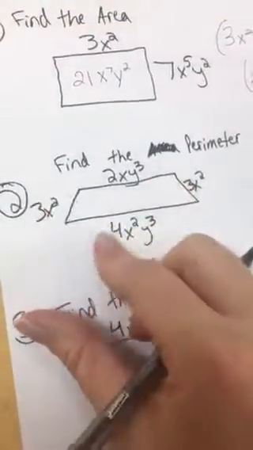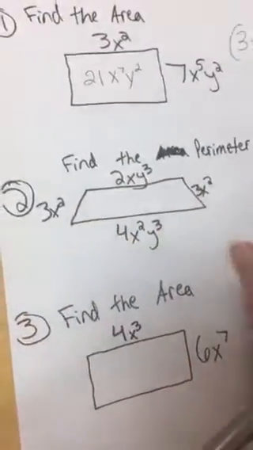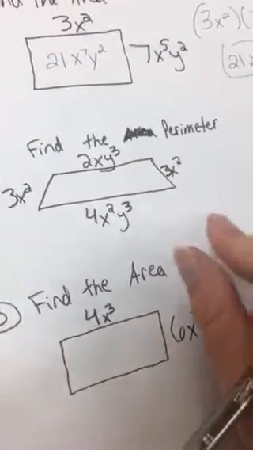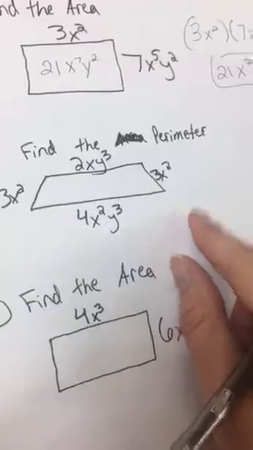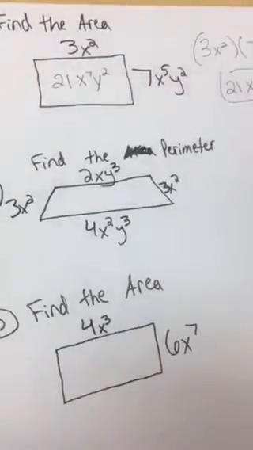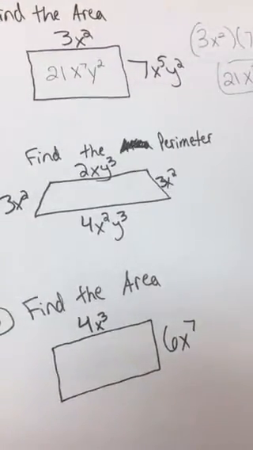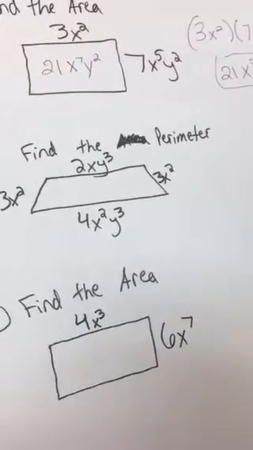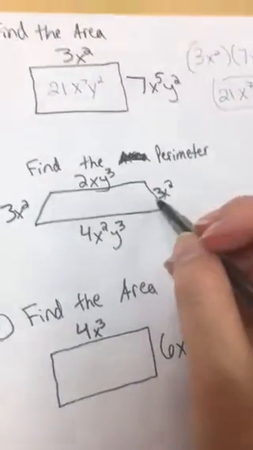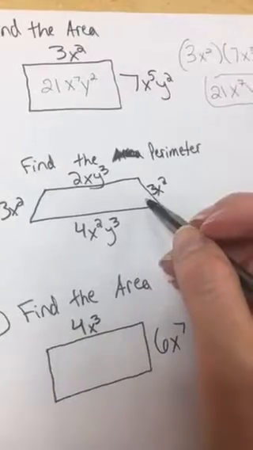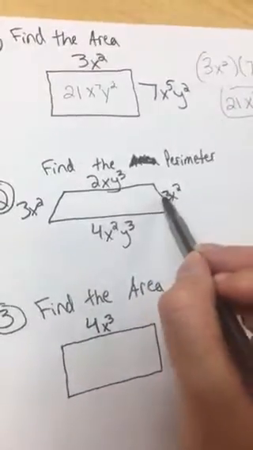Perimeter, I'm adding. Remember, I can only add things that are like terms. So since I'm adding, the only two things I can combine are this.